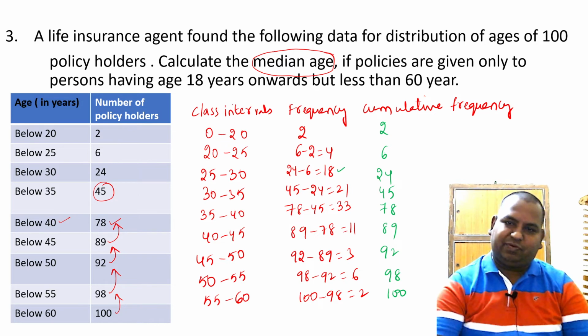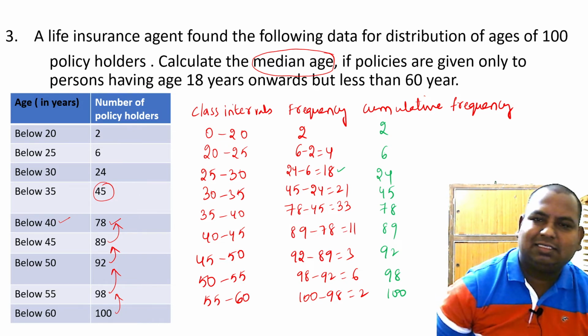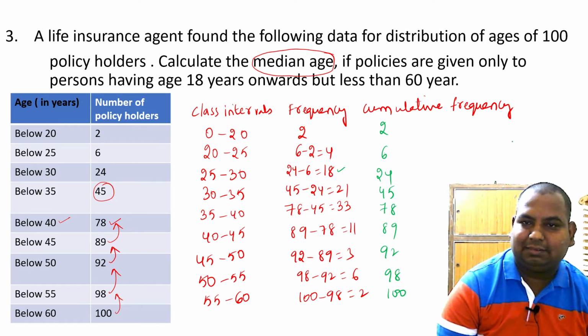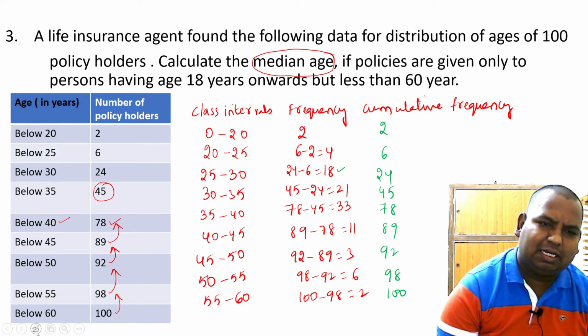We found cumulative frequency. Next thing is we need to find the median class. How to find the median class? We need to add up all frequencies.